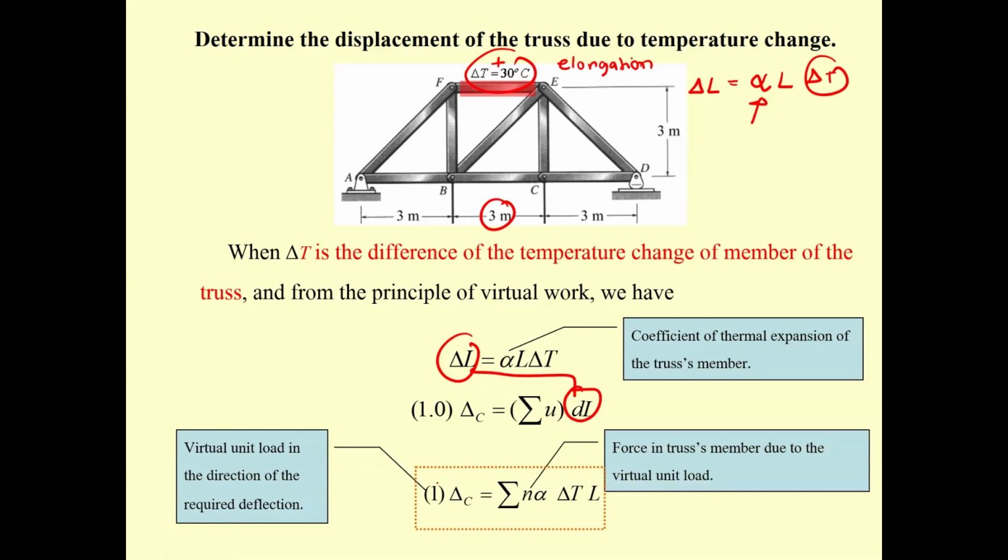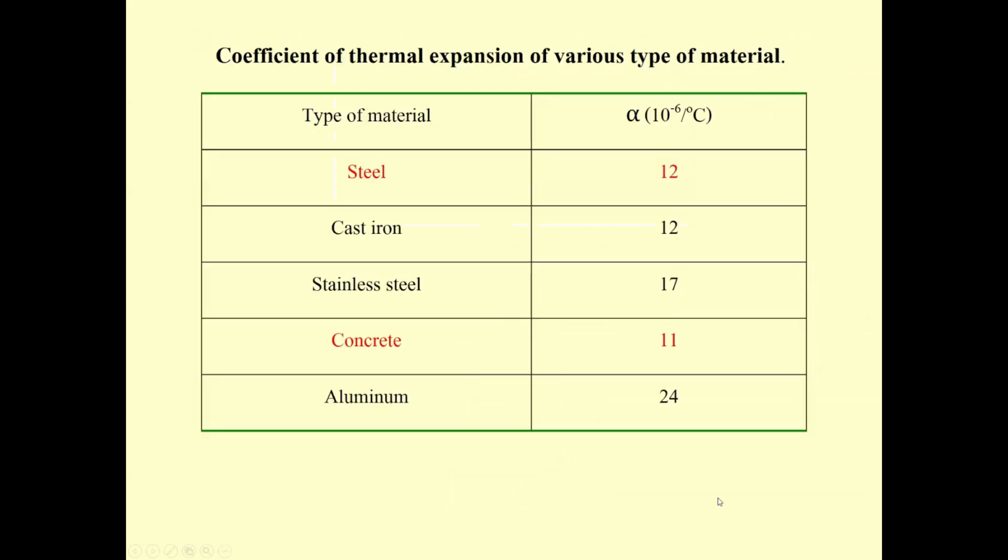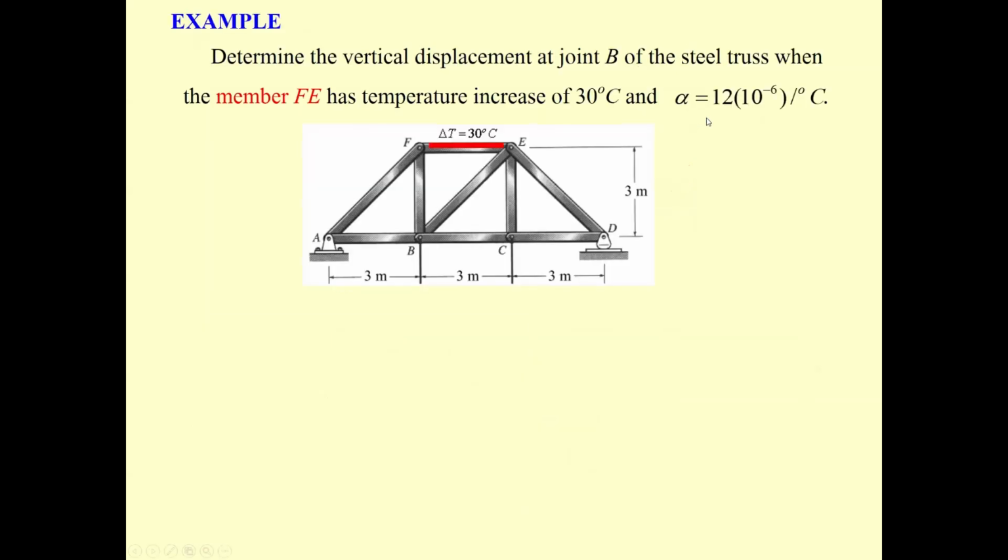This requires you to put a 1.0 force at that point, such as point C, in the given direction, like this one, and then alpha you open in the table. L is given from the class. It still has 12 times 10 to the minus 6 per degree Celsius.